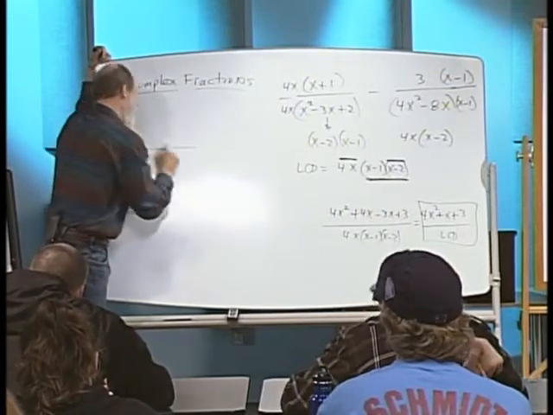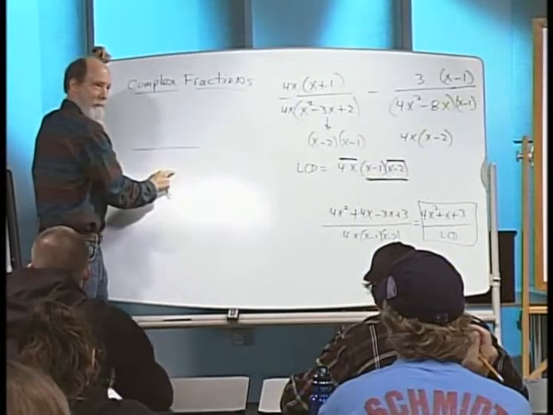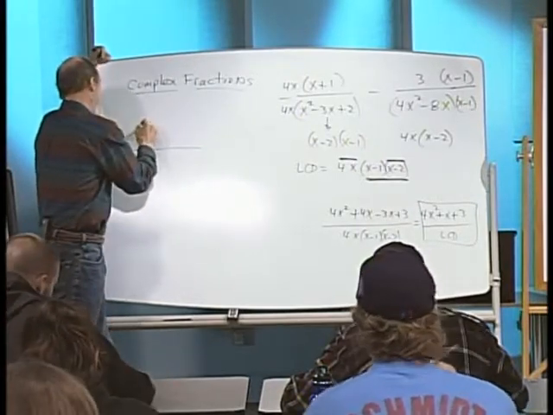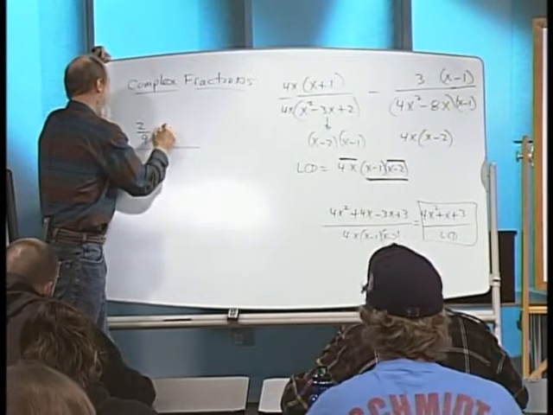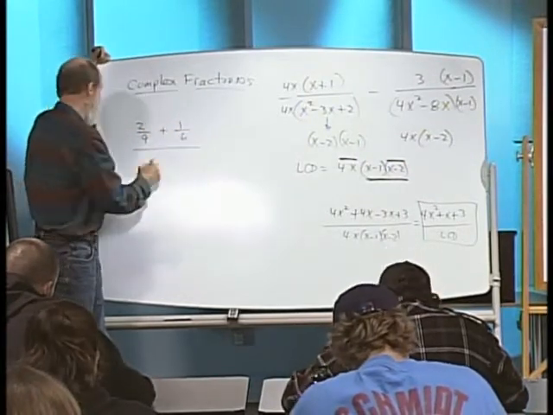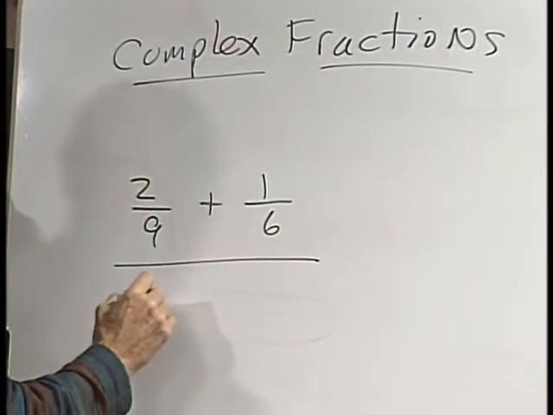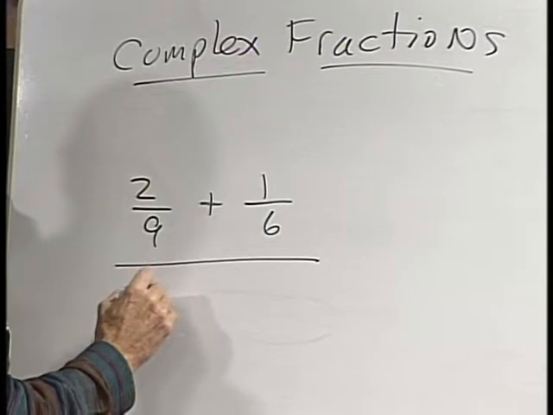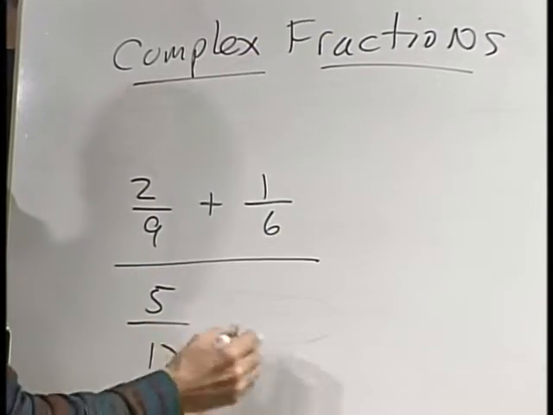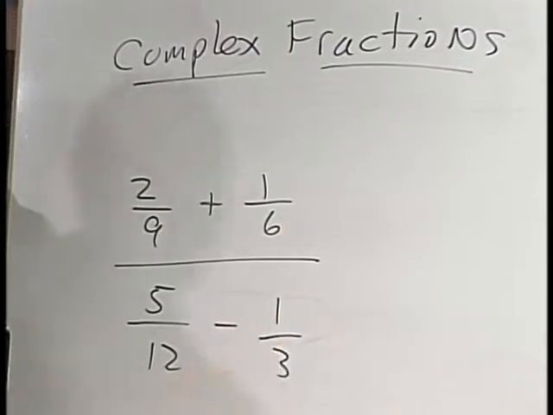I'm going to have a big fraction, and inside it I'm going to have some fractions that are added and subtracted. So what if I had 2/9 plus 1/6 over, how about 5/12 minus 1/3?